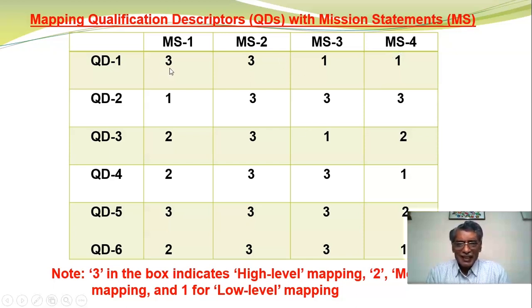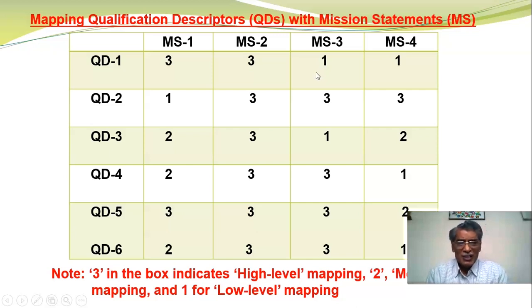Here 3 in the box indicates high level mapping, total agreement between QD and that particular mission statement. 2 is medium level mapping in the box. There are 2's here. Medium level mapping. Then 1 is low level mapping for that particular qualification descriptor and that particular mission statement.